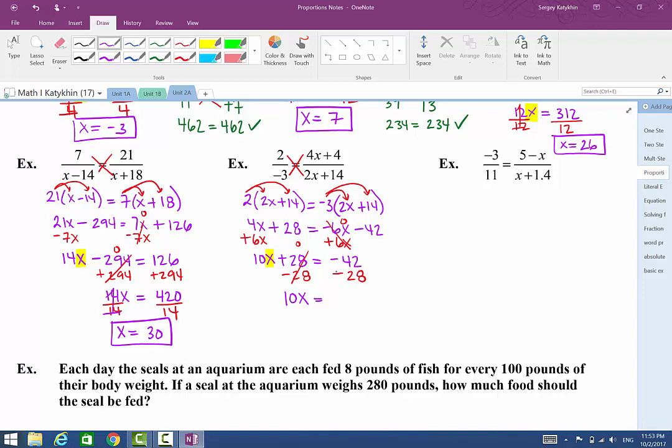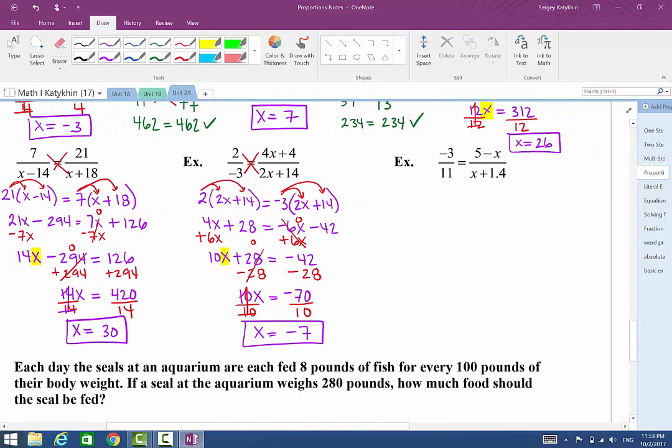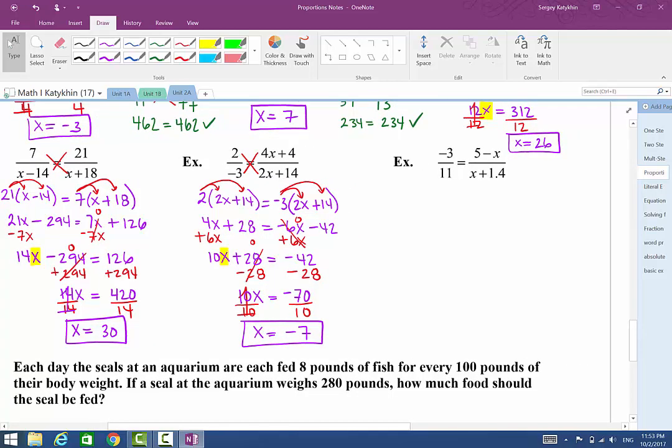So when you add 28 and 42, you do get negative 70. And then, since you're multiplying the x, you're going to divide by 10 on both sides. When you do that, you get 1, and you get x is equal to negative 7. And that should be your answer for that problem.